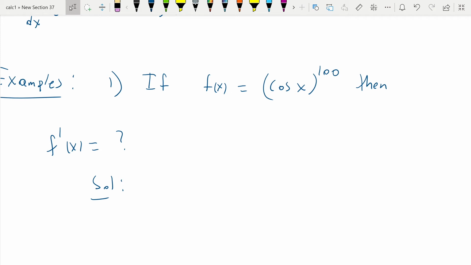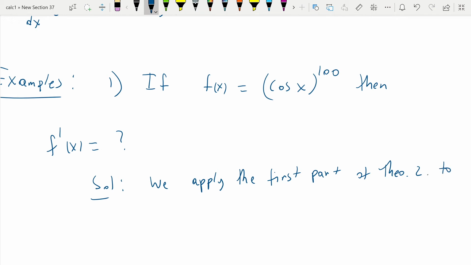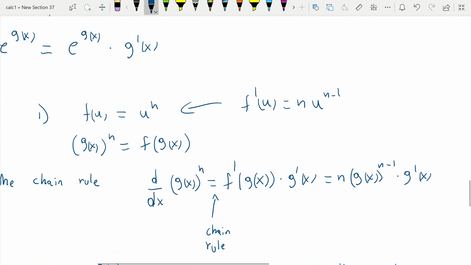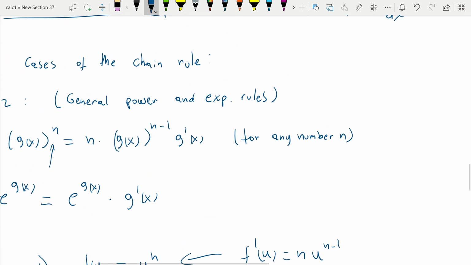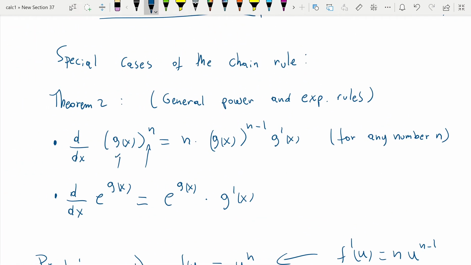So here we apply the first part of theorem 2. What is g of x? If you go back, g of x is the function here, the function that's being raised to a power.